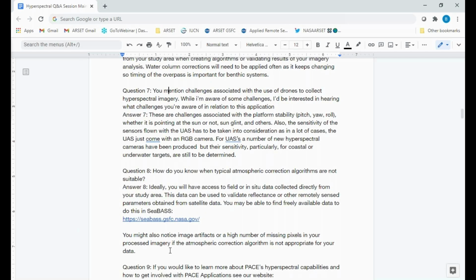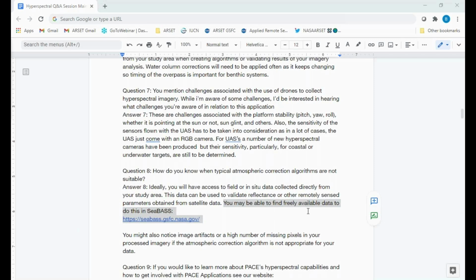All right. Question number 8. How do you know when typical atmospheric correction algorithms are not suitable? So ideally, and another question came later also, ideally you will have access to field or in situ data, as I mentioned, collected directly from your study area at the time of, or close to the time of, the satellite overpass.